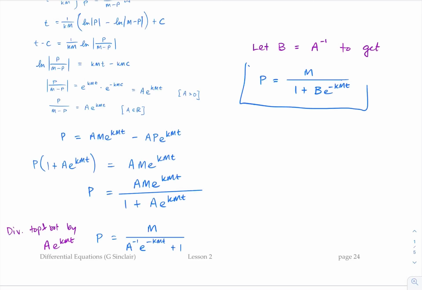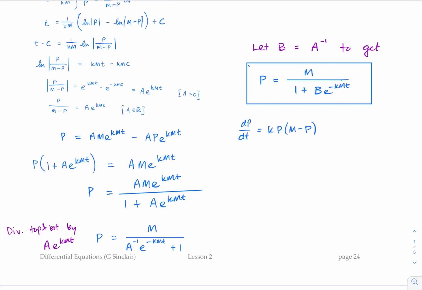Damn it. Right, so let's just pause and think about what we've achieved here. I'm just going to make a little bit of a note. So dp dt equals kp(m minus p) is a differential equation representing logistic growth with maximum population m.